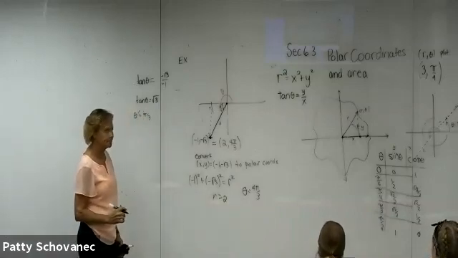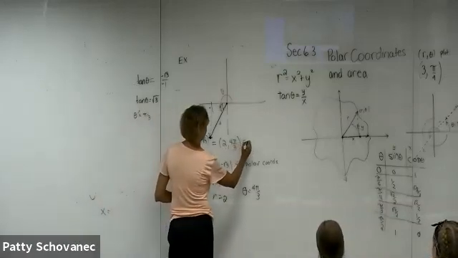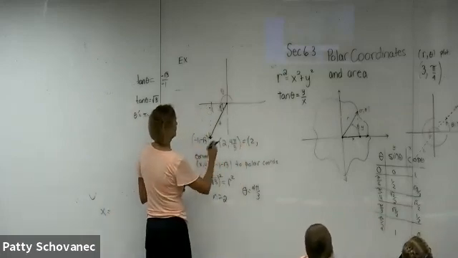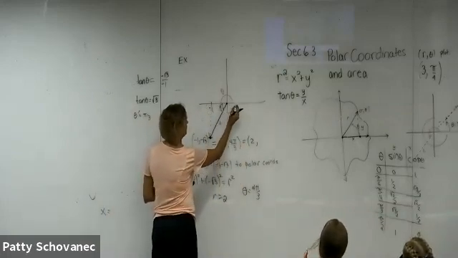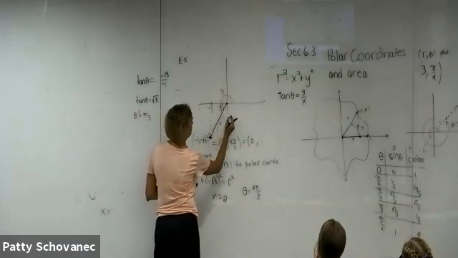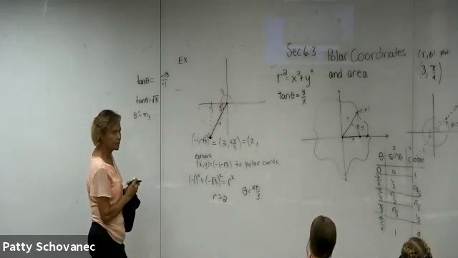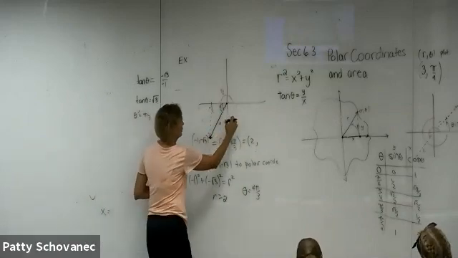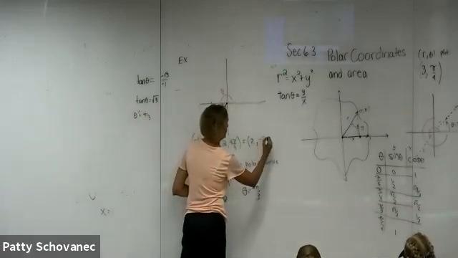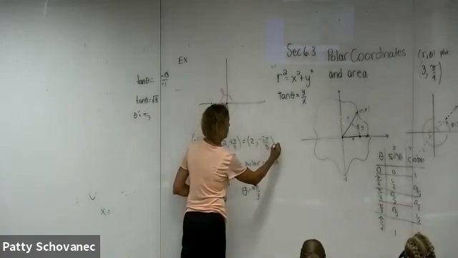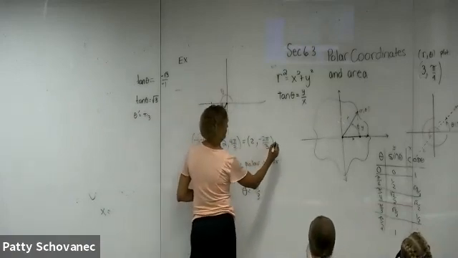Agreed? Let's keep R positive and give me a negative theta that gets me to there. How much? Negative 2 pi thirds. I have to go 2 jumps over, 1/3, 2/3. Okay, now we're going to keep theta positive.